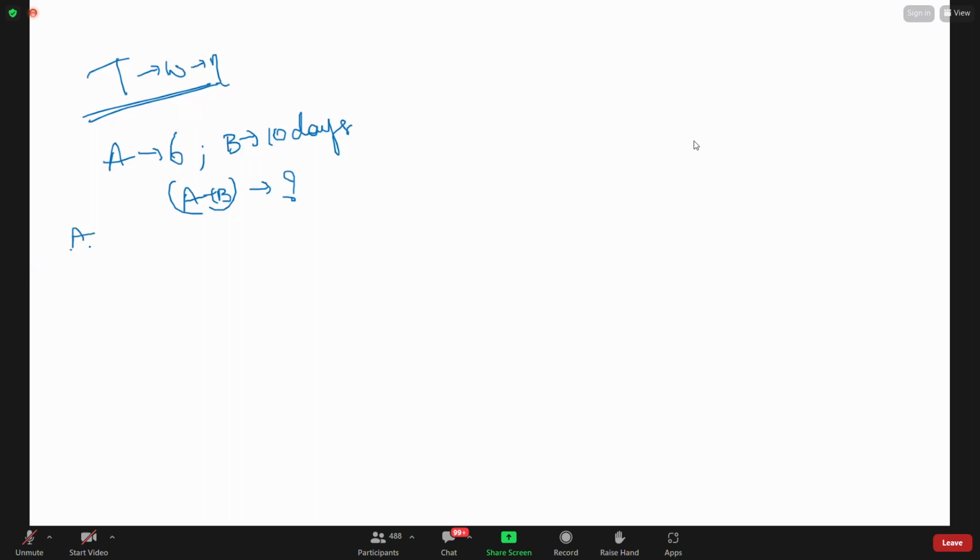So A is 6, B is 10, LCM is 30. So this is 5 units, this is 3 units. Total is 8 units per day. How much work do you have? 30. So 30 by 8, how much? 3.75. Or you can just mention it as 3 by 4.